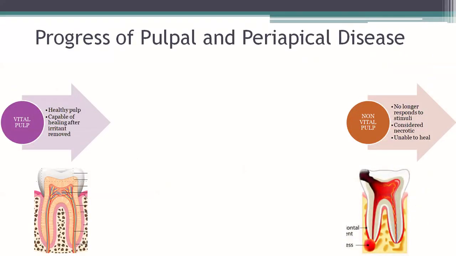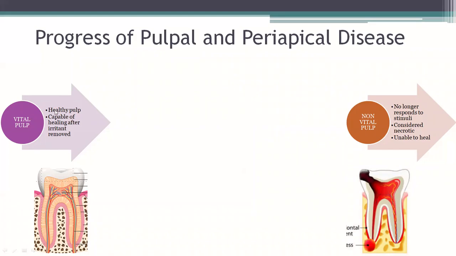How does the progress of the pulpal and the periapical disease happen? Let's start here. In this picture, you can see two opposite sides. On one side, we have the vital pulp, which is an intact, normal tooth.